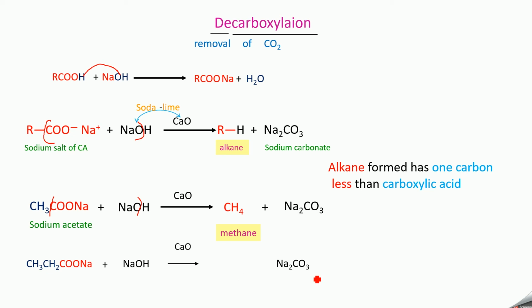There is a removal of sodium carbonate and you are getting CH3CH3, ethane. Here you have only 2 carbon, but in the carboxylic acid you have 3 carbon. So you are getting an alkane with 1 carbon less than the carboxylic acid. You have to make a note of this.